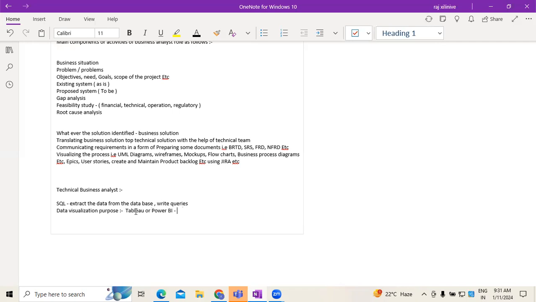This is all to prepare dashboards, right? So this is also something we require nowadays. This is point number two.